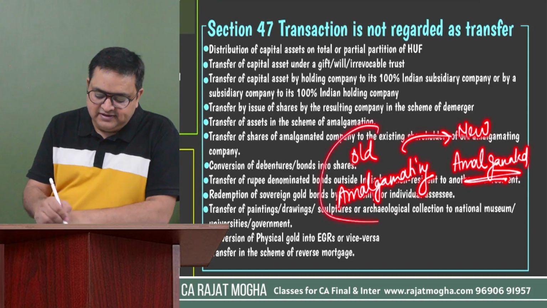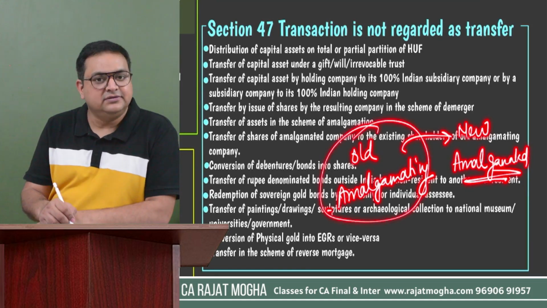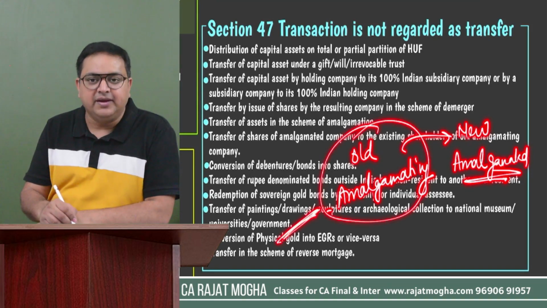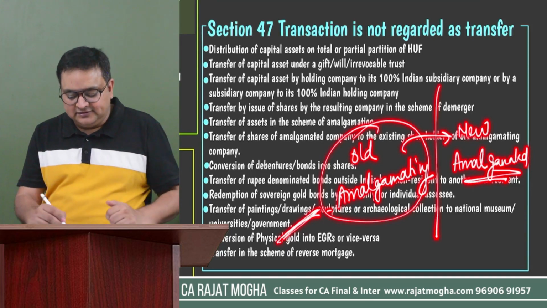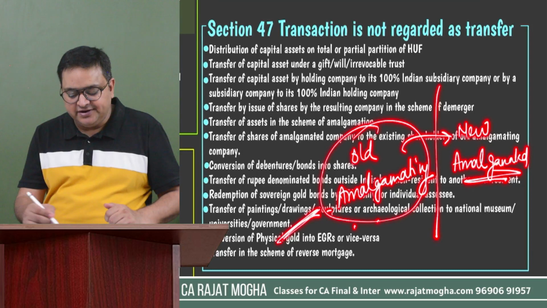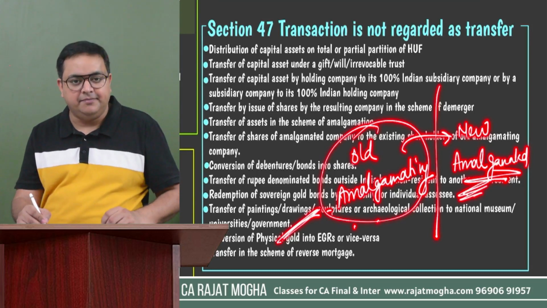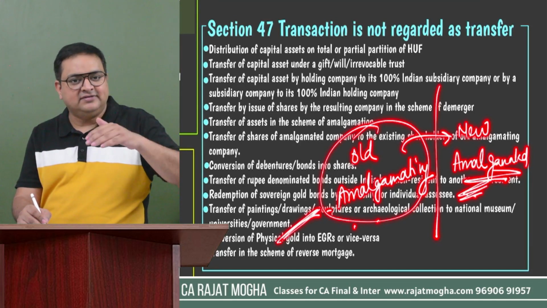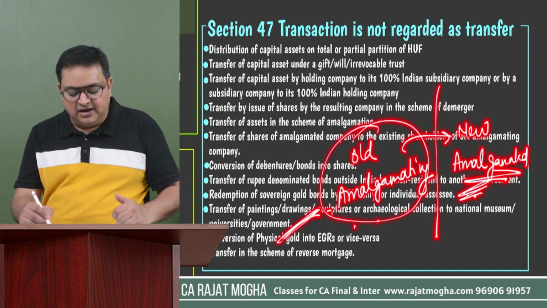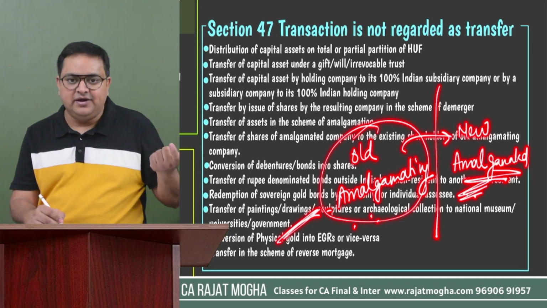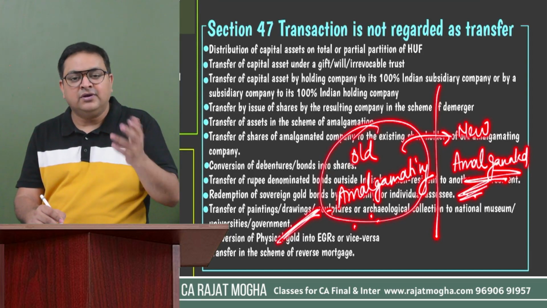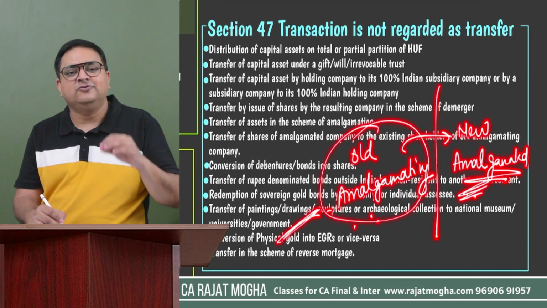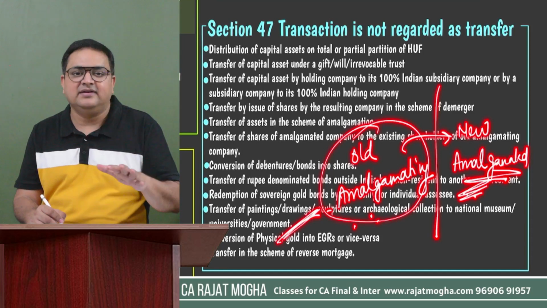Let's say there are some shareholders of this amalgamating company, and on amalgamation, this person is getting shares of the new amalgamated company. So here again, there is an exchange of shares. Earlier, we were having shares of the old company. Now we are getting shares of the new company. Exchange is covered under transfer, but this transaction is also covered by section 47.